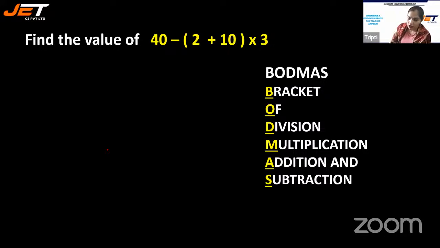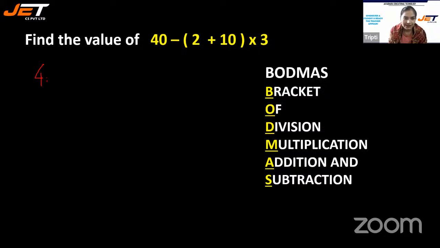Next. Always solve the bracket first. No matter which operation is there in the bracket, always solve the bracket first. And in the bracket, if there are 2, 3 operations, then you need to follow the order. Whatever is the order, you need to follow that in the bracket also.